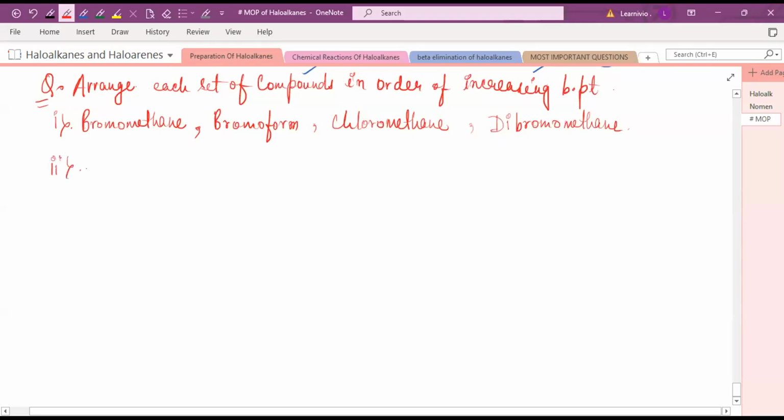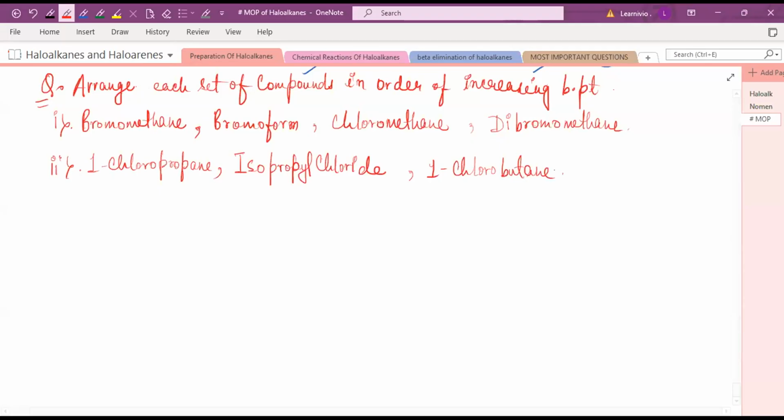Second one: 1-chloropropane, isopropyl chloride, and the third one is 1-chlorobutane. Do this. You have to arrange each set of compounds in order of increasing boiling point.